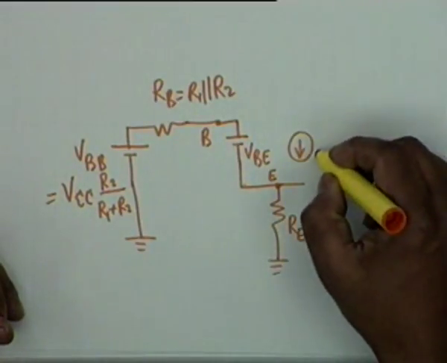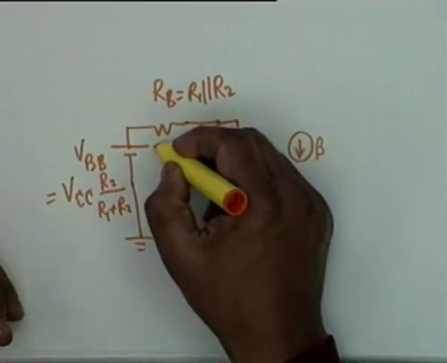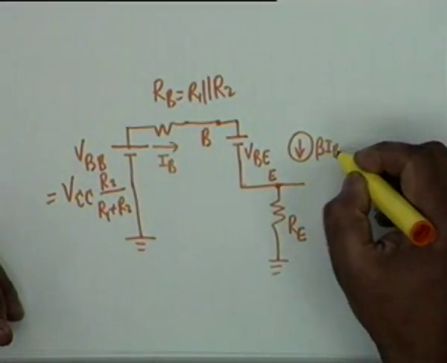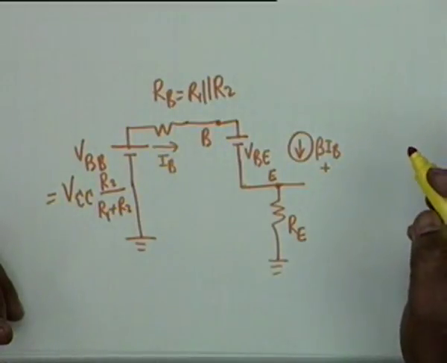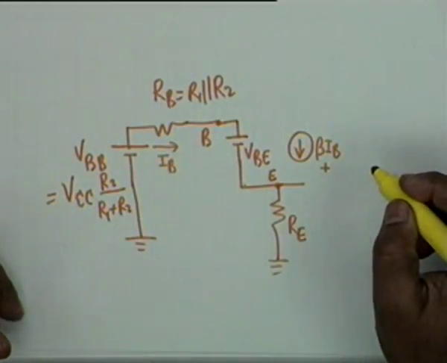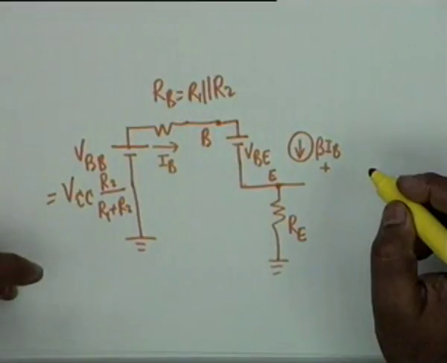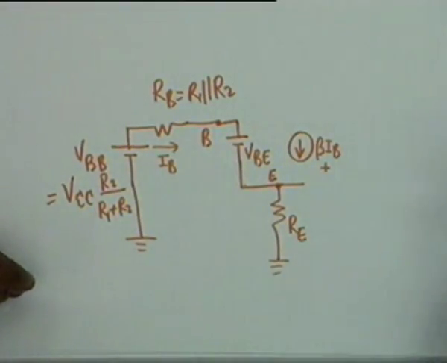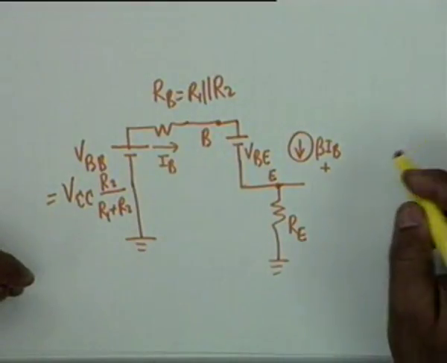C, which is equal to beta IB. If this current is IB, then beta IB plus beta plus 1 ICO. ICO sometimes we call ICBO. Alright, ICBO.